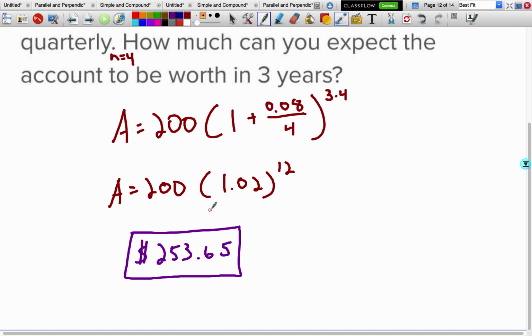All right, so just for fun, if we had only done the 8% for 3 years, so just compounding annually, we would have a whole $2 less. So with shorter time periods, compounding more frequently doesn't affect it too much. Where you really see the effect is with very long-term investments, where you're going 20, 30 years.